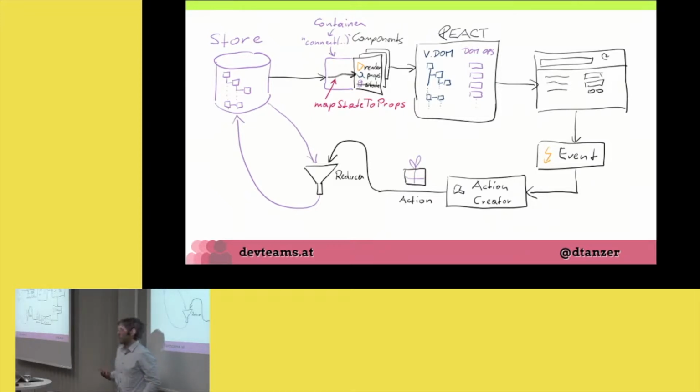If you know domain-driven design, you would call this a domain event, but I guess they called it action so that you don't confuse it with DOM events. And you will use the previous state and this action to compute the next state. And this happens in a reducer. A reducer is a single function that takes the current state and whatever is in the action object and computes the next state from it.